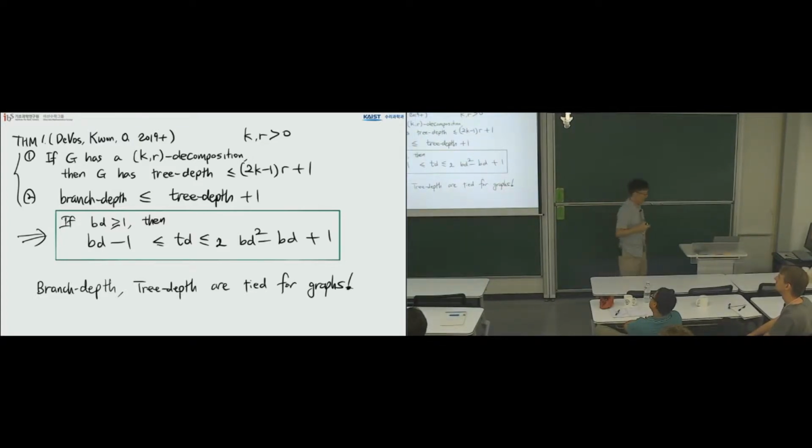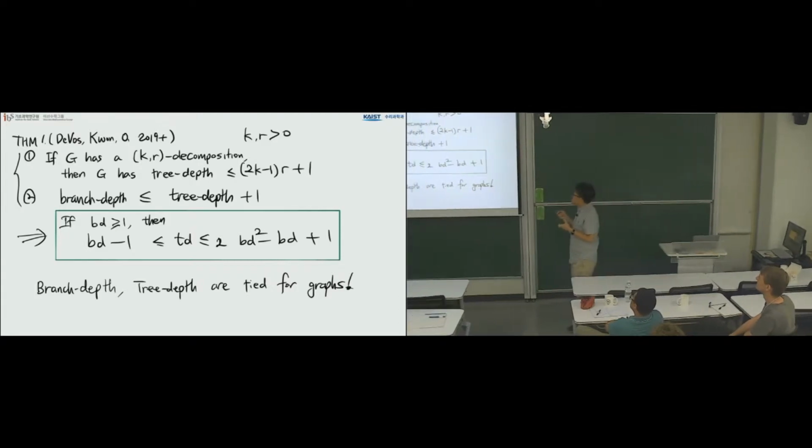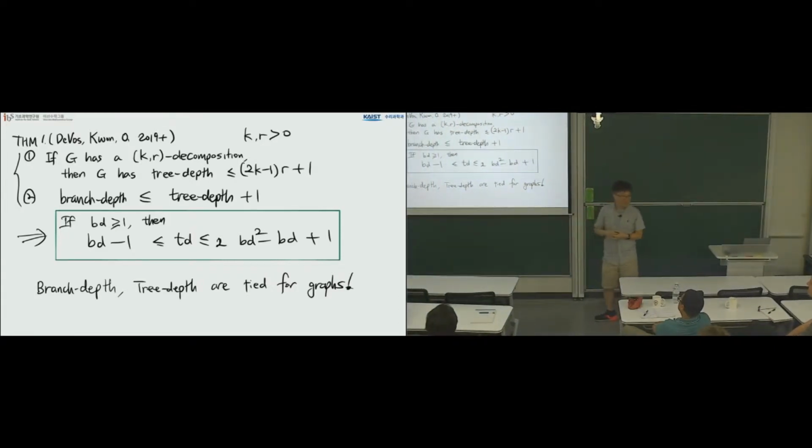And here's an inequality. I won't show you the proof, but we prove that if a graph has a (k,r) decomposition, so width at most k and radius at most r, then the tree depth is bounded by a function of k and r. So that's one direction. And conversely, if the tree depth is k, then the branch depth is at most k plus 1.